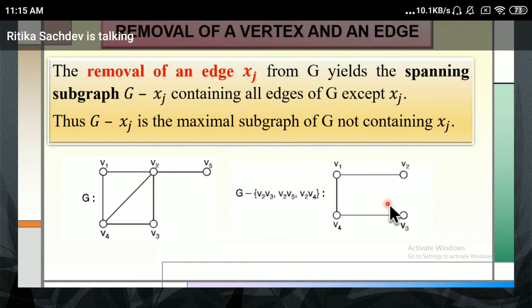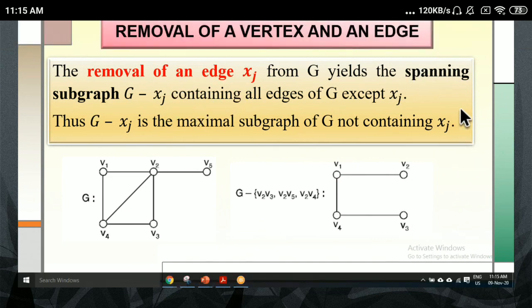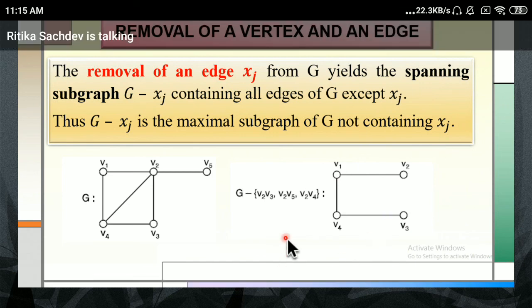Is it fine? So as per our definition, should I keep that vertex V5 or should I remove it? Because my definition says it is a spanning subgraph of G minus Xj. Xj is nothing but your edge. According to this definition, what should I do? Is my question clear?